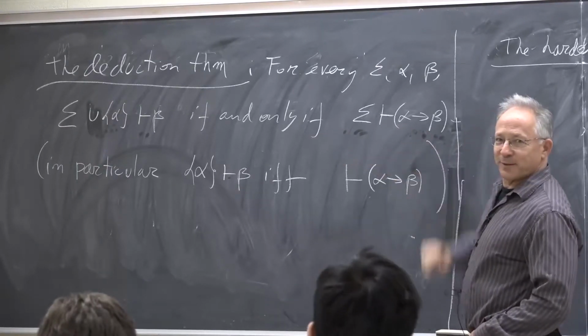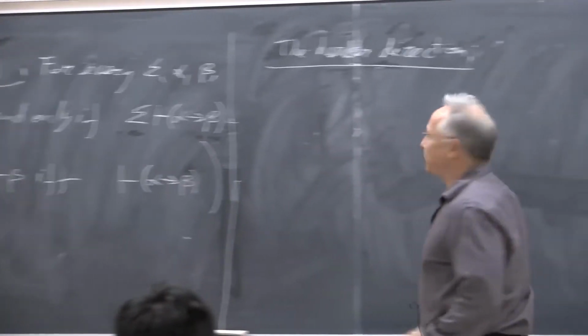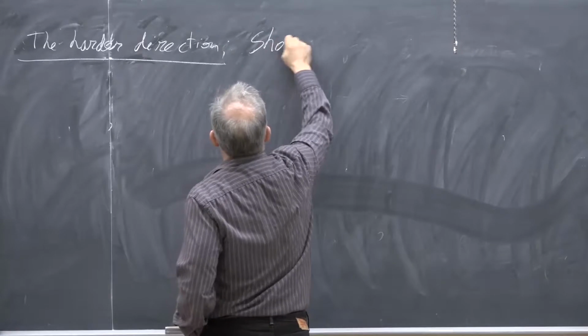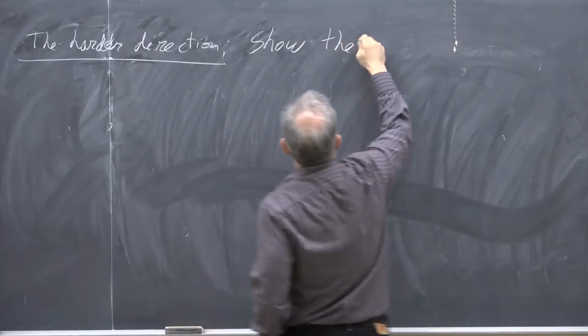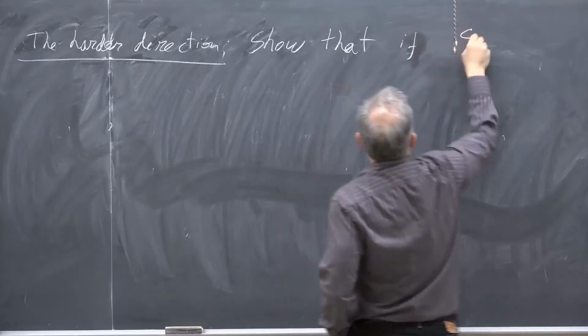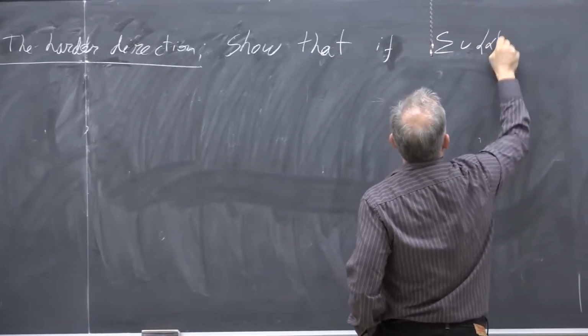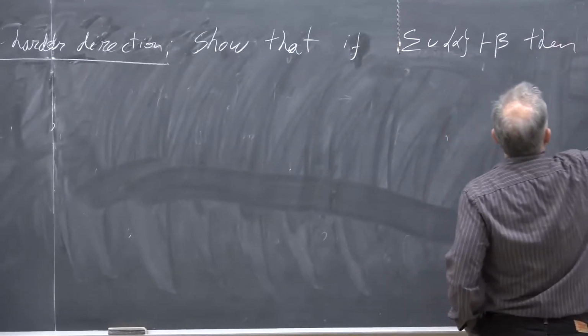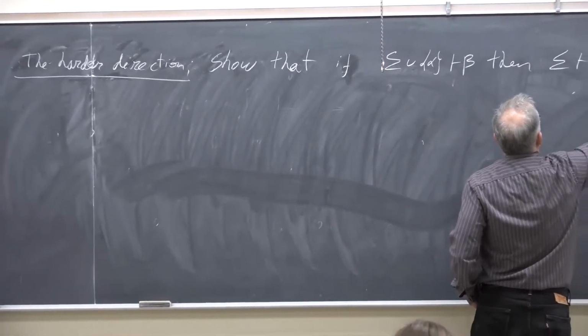I need to assume this, right? So I need to show that if sigma union alpha can prove beta, then sigma can prove alpha arrows beta.